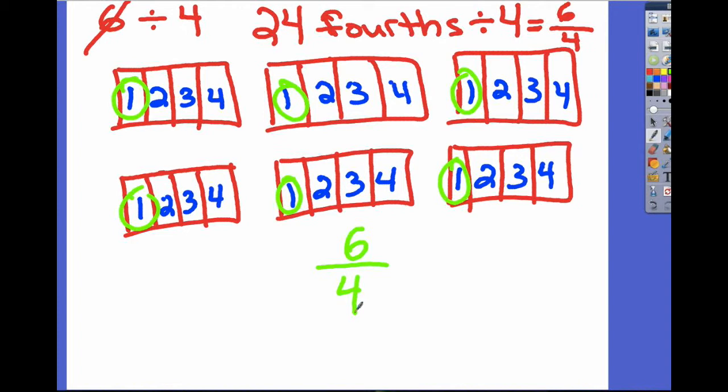Now, once we hit 4, what do I have? Once I get to the number 4, it's improper. The 6 makes it improper, doesn't it? Look at this. If I had 1, 2, 3, 4 over 4, what would I have?